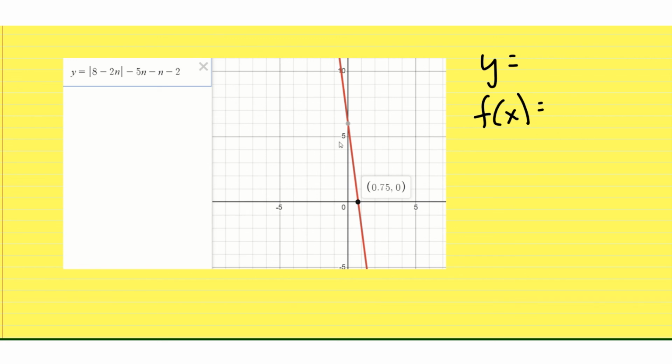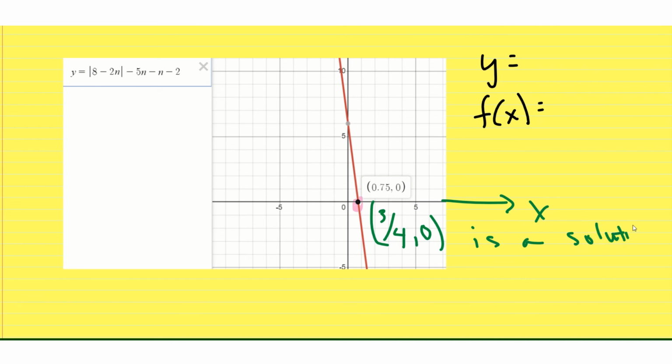This is from Desmos, and you can see right here that 3/4, 0 is on the x-axis, so that means that it is a solution.